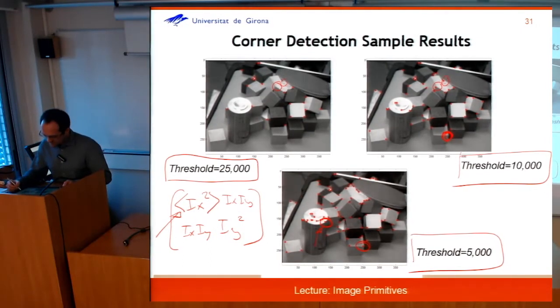And this is a big problem because, depending on what threshold I set, I can get more or fewer corners.